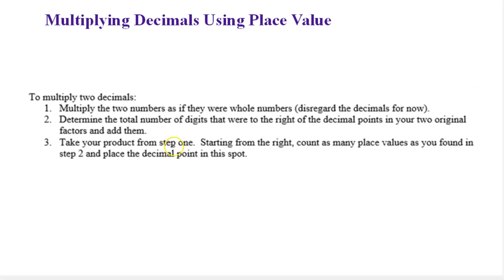Then we're going to take your product from step 1, that whole number answer. Starting from the right, count as many place values as you found in step 2 and place the decimal point in this spot. Okay? So in the next video, we'll see some examples of doing this without drawing pictures or rewriting as fractions.